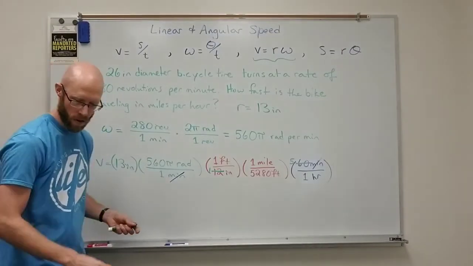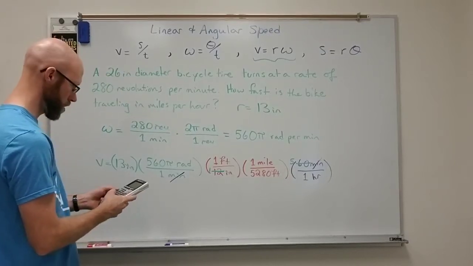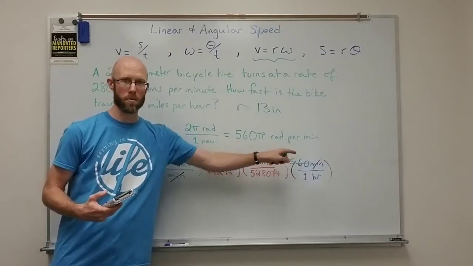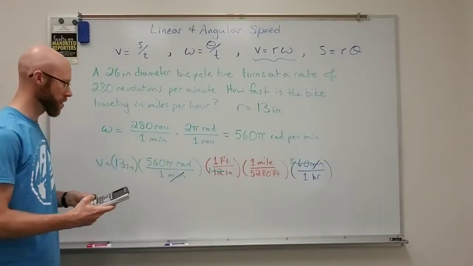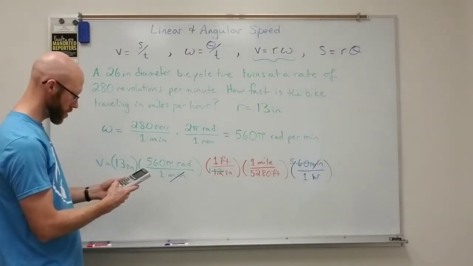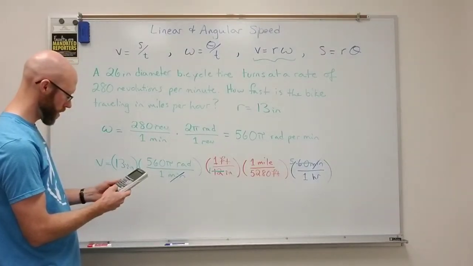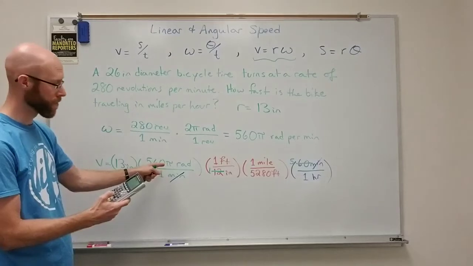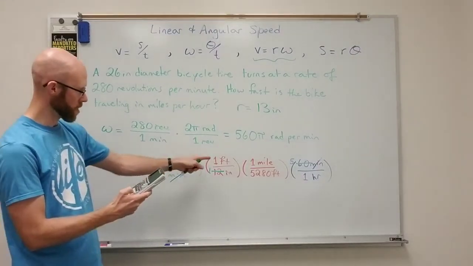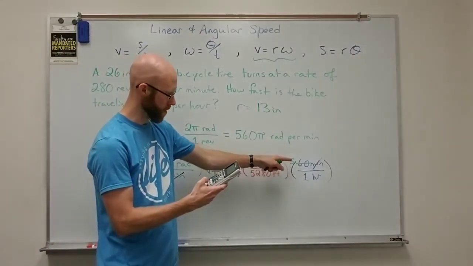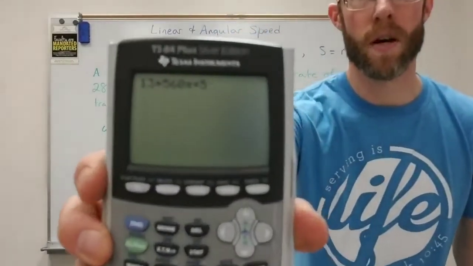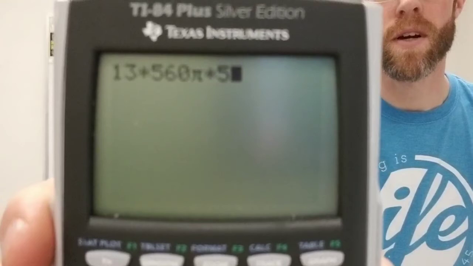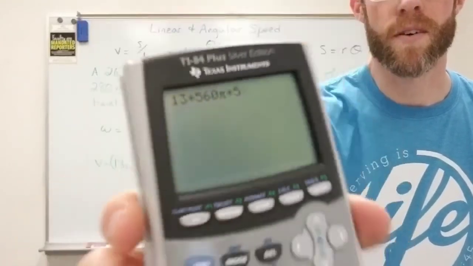Okay, so now I'm going to pretty much just type it all in. Everything in a numerator I'm going to multiply, and then I'll divide by the denominator after that. So I'm going to go 13 times 560 pi, times 5. Okay, so there's my numerators.